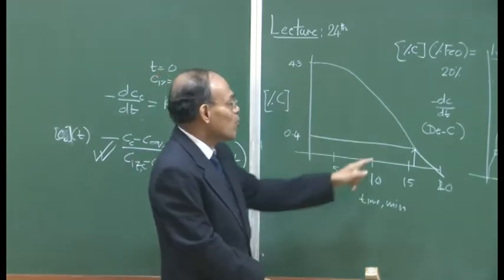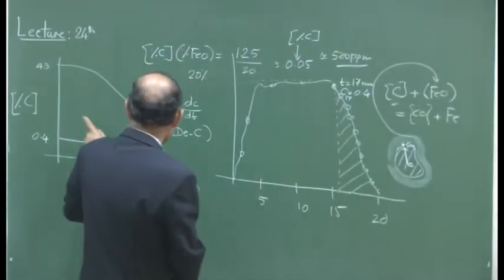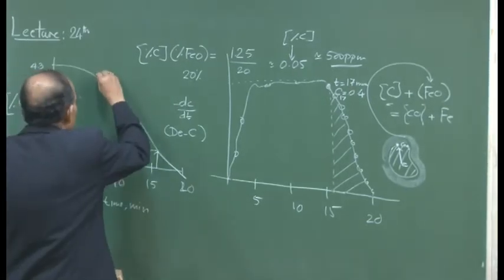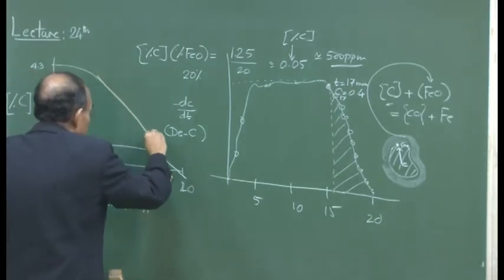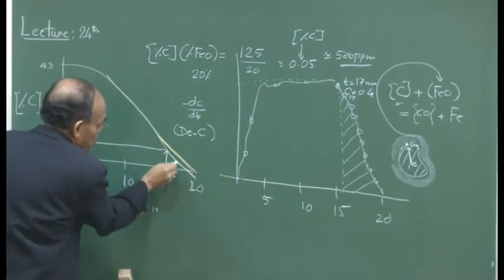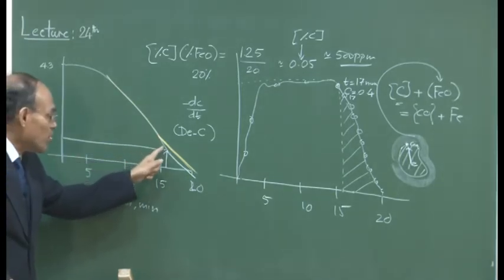And now you can concentrate, once this graph is established. You know from where the graph actually starts to deviate from linearity, and from that point onwards, you can consider that the decarburization rate deviates from linearity with a continuously decreasing rate.